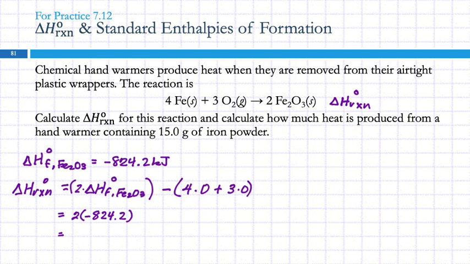Oops. Negative 1648.4. So for that reaction, delta H is negative 1648.4 kilojoules for the reaction as written.